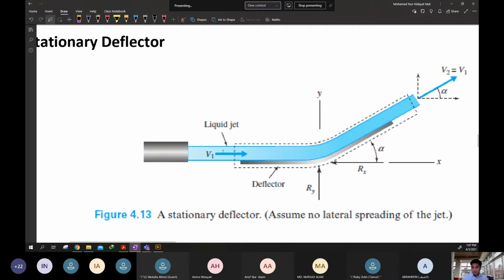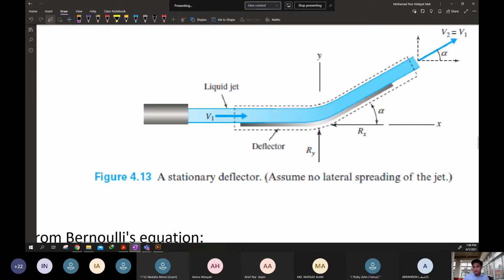So this is B1, and upon outlet, the direction has changed to B2 with the angle alpha. The angle here depends on the deflector angle. So who is holding the deflector from moving? We have the reaction force. The reaction force holds the deflector from moving. That is why we call it a reaction, which needs to counter the momentum coming from the nozzle outlet.